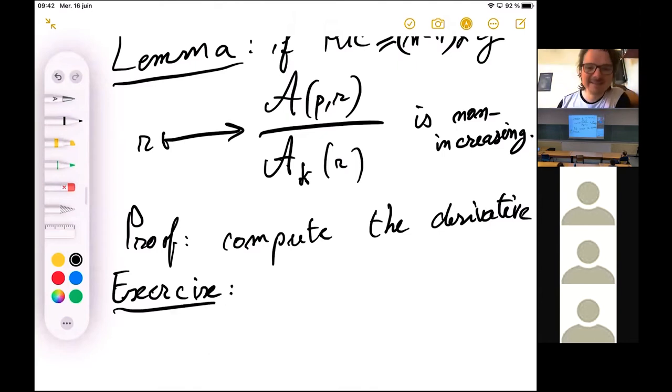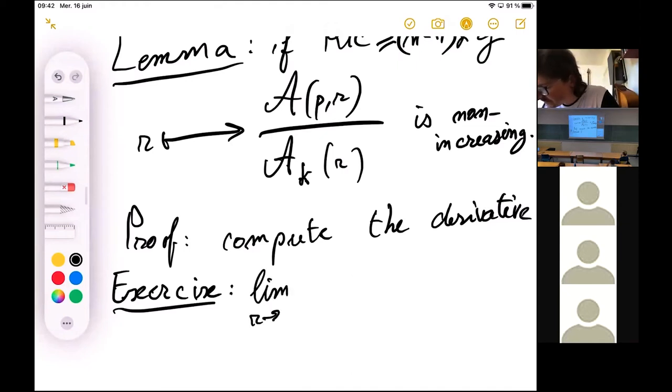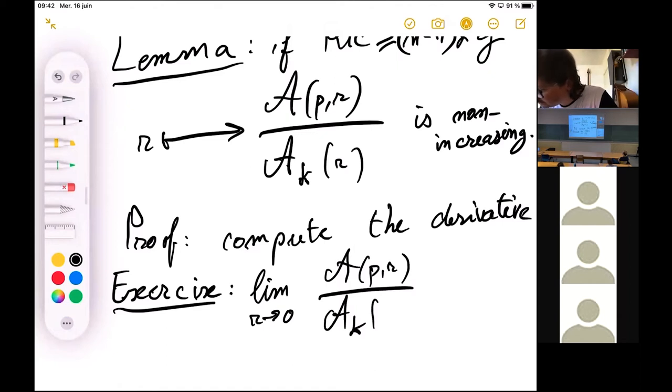So, exercise. What is the limit as r goes to 0 of A_p(r) over A_k(r)? You know that at small scales in a Riemannian manifold, the metric is Euclidean, so the area of distance spheres will be the same. So this limit is 1.